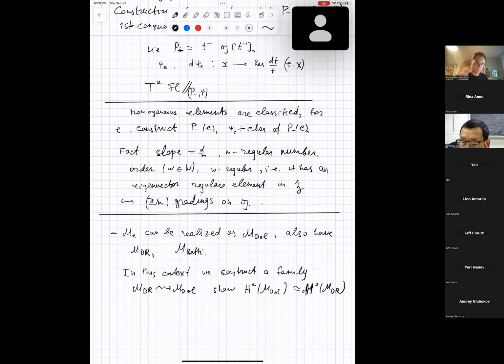Also, you said that it's irregular Hitchin; this cohomology, is it still pure in the irregular case? I think so. No, I think it is true.